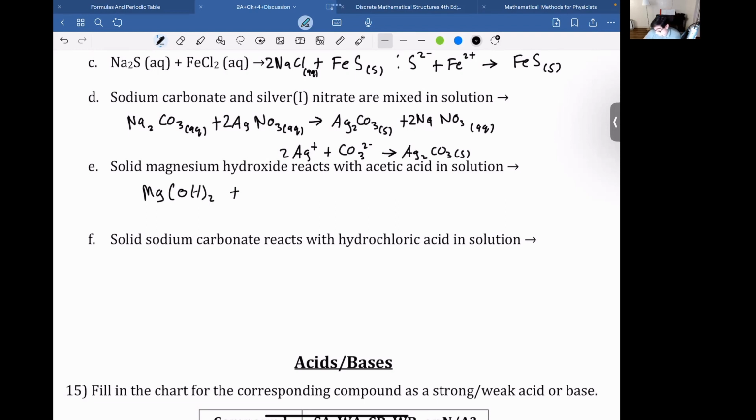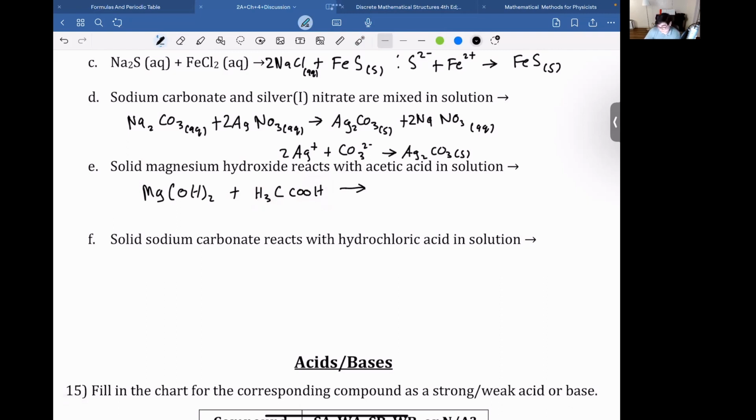We have acetic acid, which is H3C-COOH. You don't have to know what it looks like, but that's what it looks like. So for this one, we're doing an acid-base reaction, not with the hydrogens out here. You're doing it with the one over here.